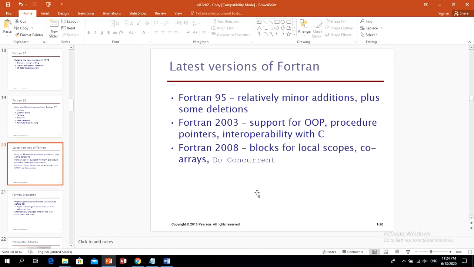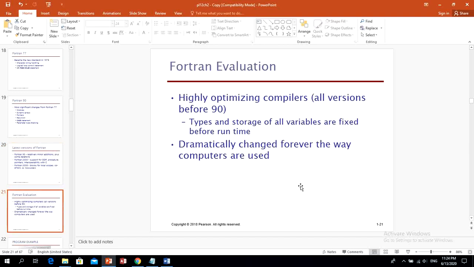The latest versions of Fortran, like Fortran 95, Fortran 2003, Fortran 2008, and so forth, have witnessed some minor additions and some deletions from previous ones, but they generally support object-oriented programming and procedure pointers, and have also been integrated with some languages like C and so forth. If you would like to evaluate Fortran, I would say it has highly optimizing compilers.